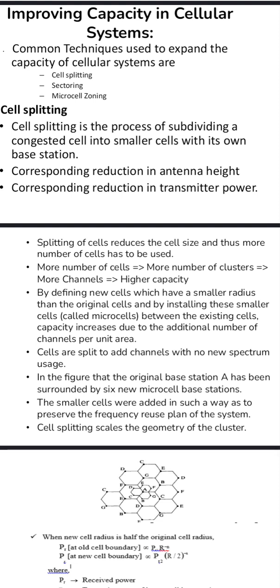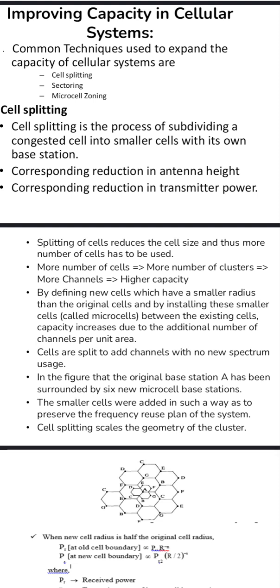The common techniques which are used to expand the capacity of cellular systems are cell splitting, sectoring, and microcell zoning. Cell splitting is the process of dividing a large cell into several smaller cells.